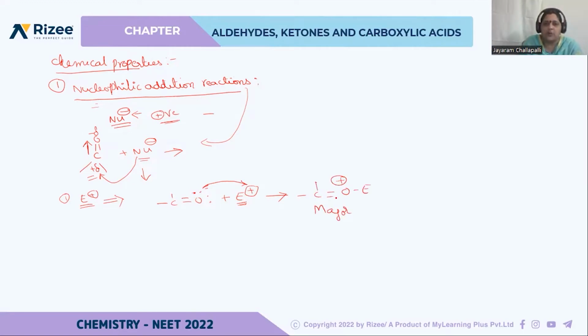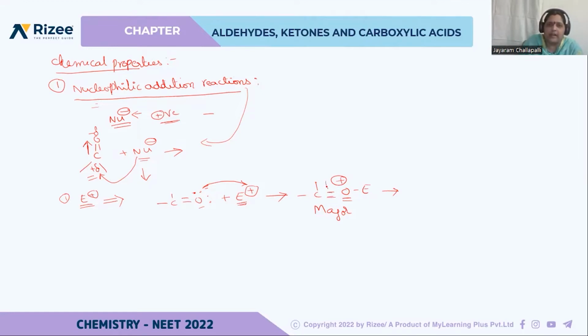This is the major product. So this electrophile takes the electron from this oxygen atom and converts this oxygen atom into +1. But if this oxygen atom is in this O+ state, it requires more electrons. So what is the next step?